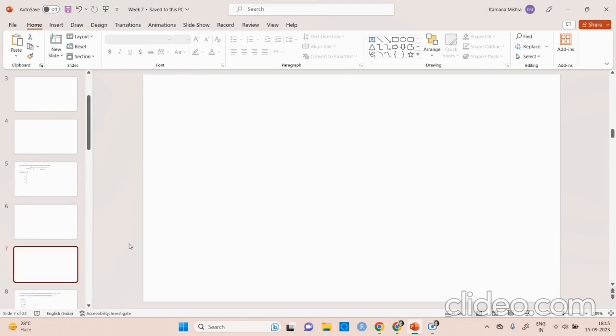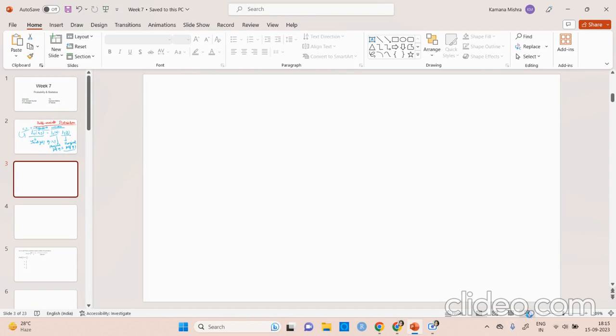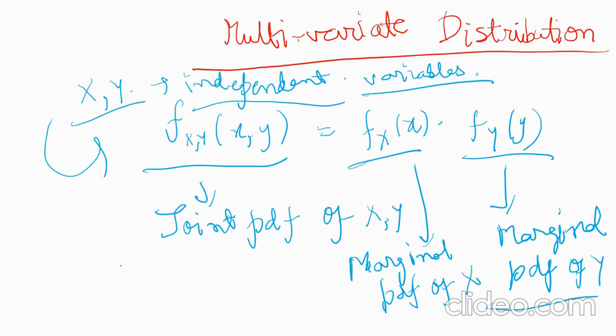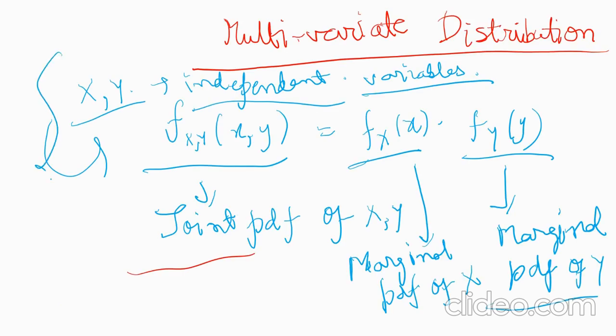This is the joint PDF of x and y, this is the marginal PDF of x, and this is the marginal PDF of y.